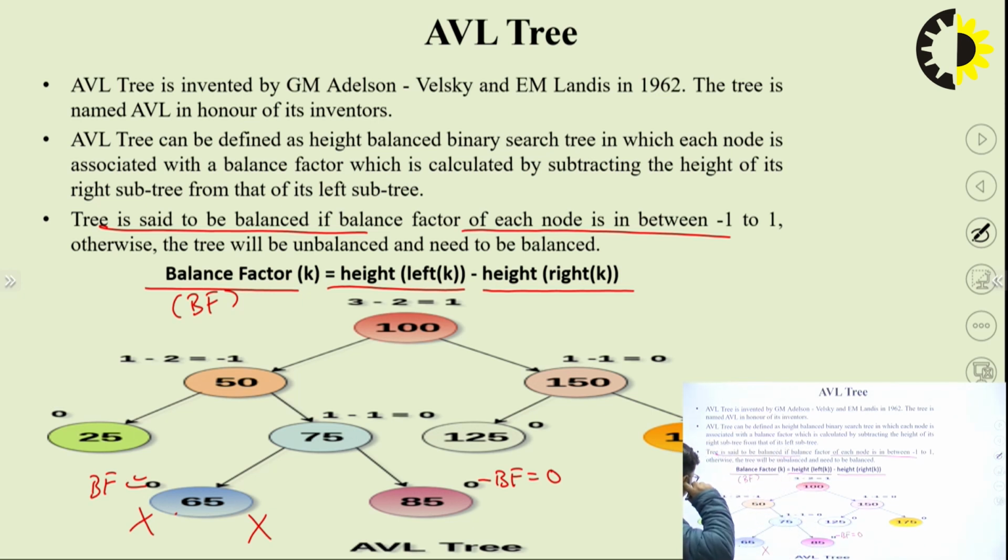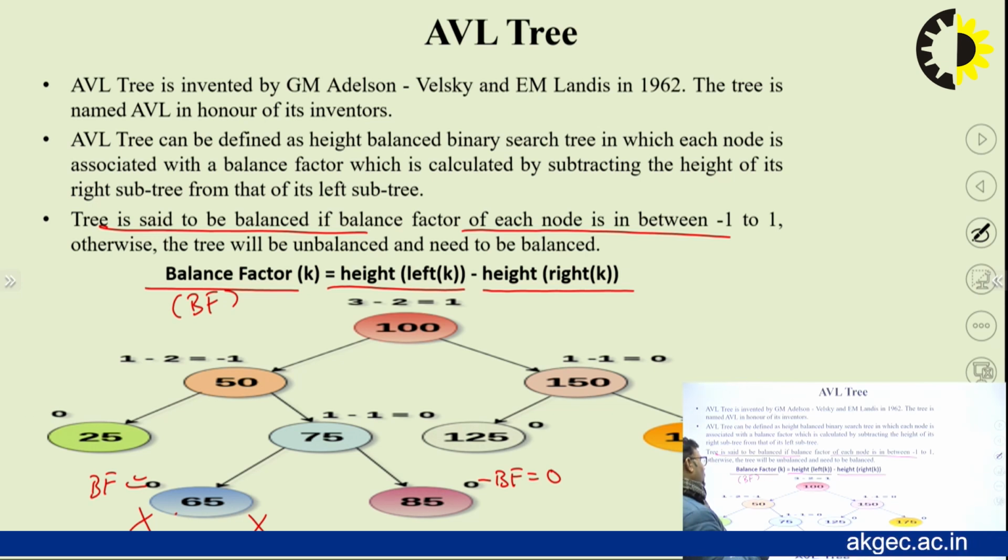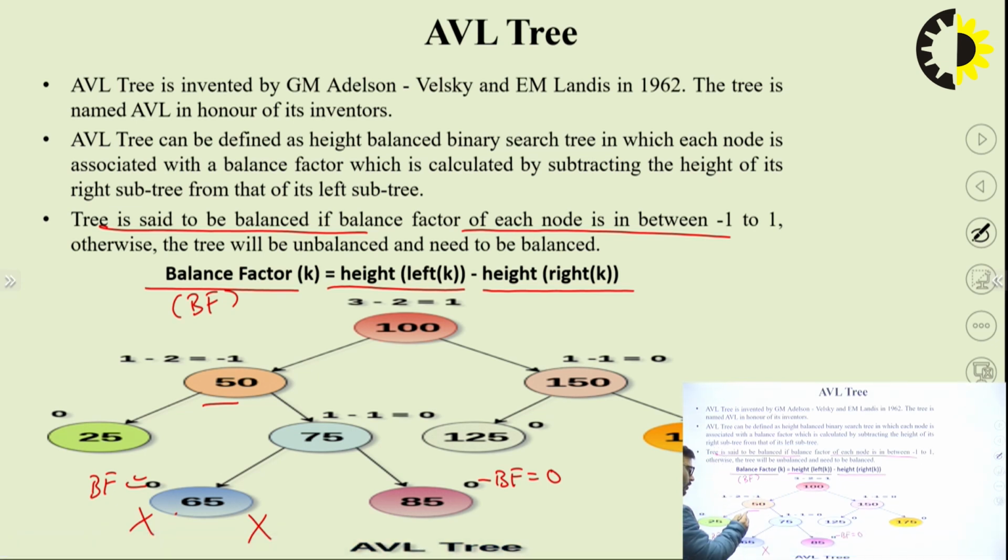Again check 25: it does not have any left subtree or right subtree, that's why the balance factor is 0. Again check 50. First of all, the height of the left subtree and the height of the right subtree.